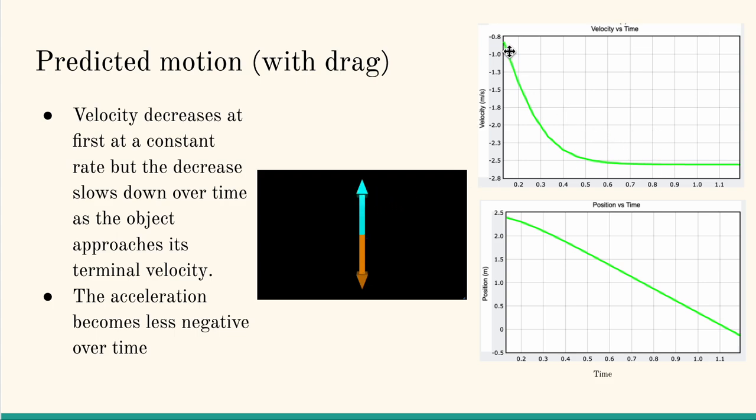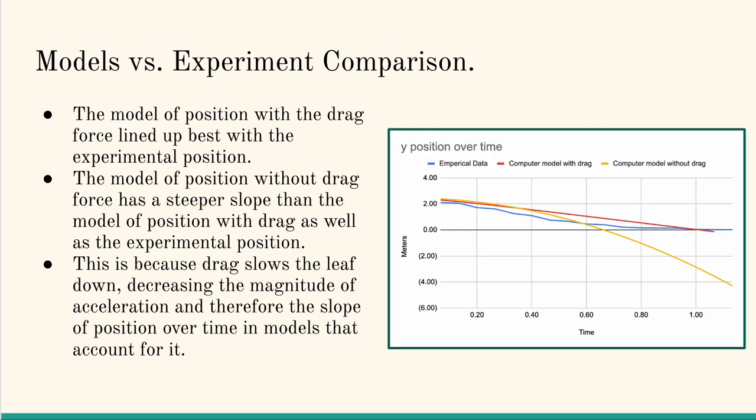It also is evident in our velocity versus time graph, where you can see the velocity approaches a value, but not linearly as the previous velocity versus time graph did. The slope of the velocity versus time graph decreases over time, which indicates that the drag force is acting to counteract gravity as time goes on, and so the velocity slowly approaches this value, which represents the terminal velocity.